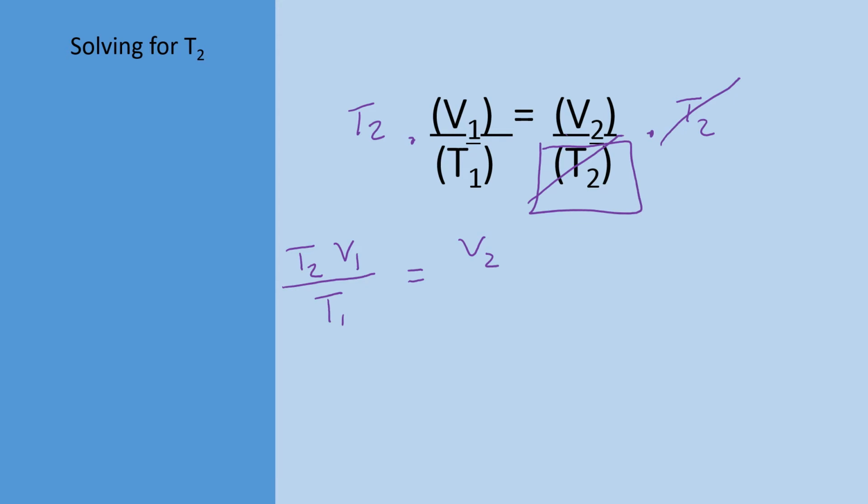So now we need to get rid of the V1 T1 by multiplying both sides by that inverse. So T1 V1 times T1 over V1. So the T1 V1 cancel out. So we have T2 is equal to V2 T1 over V1.